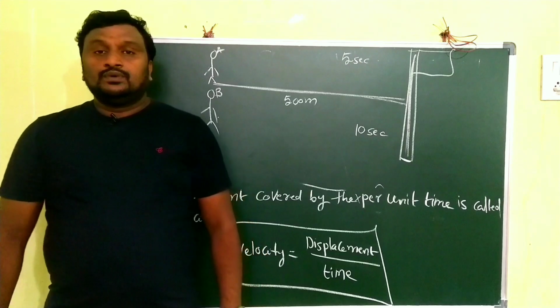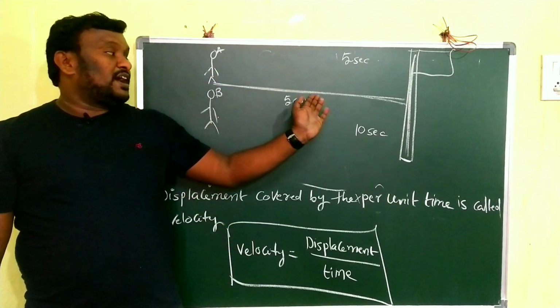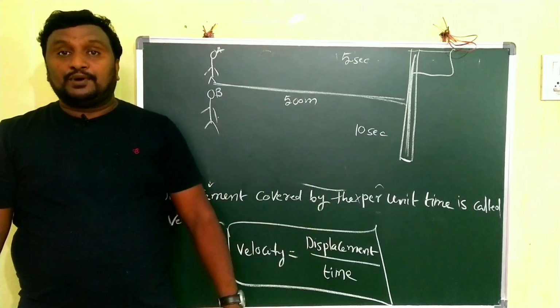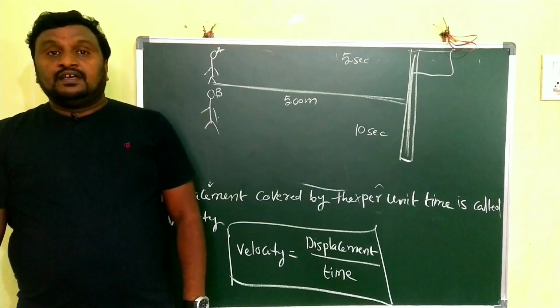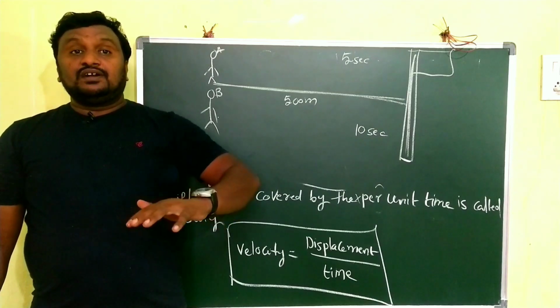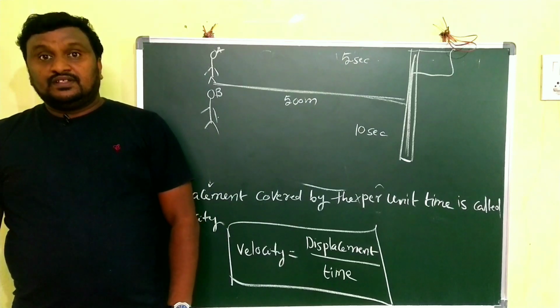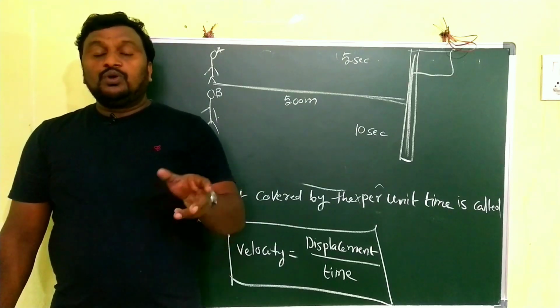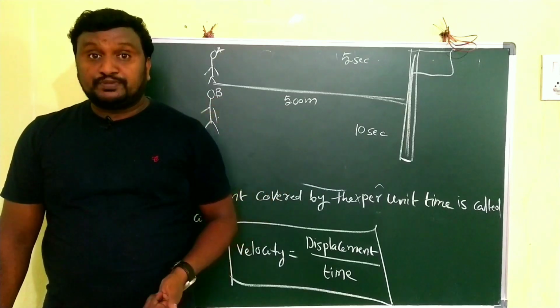Then who covered that 500 meters as early as possible? A, in 5 seconds. Then among these two, who has more speed, who ran with more speed?